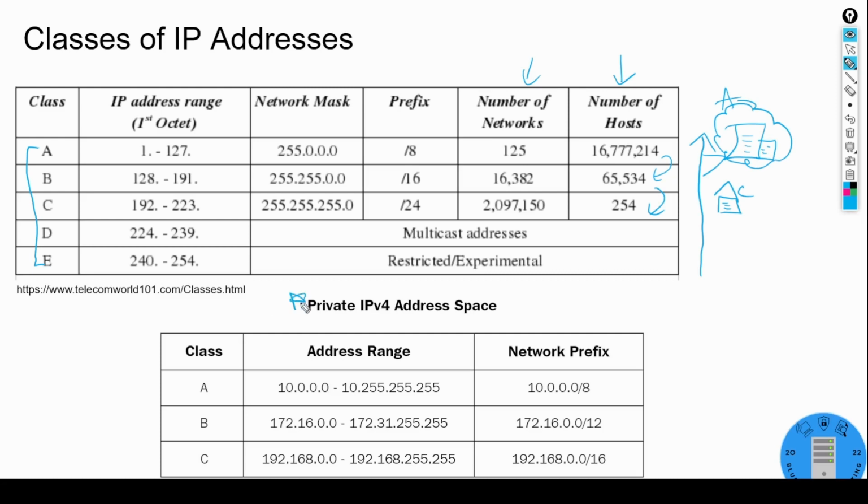But this right here, this entire chart, you will need to memorize. You need to know what IP addresses are public and which ones are not public and are private. Knowing your private IP address ranges will help you tremendously because you will know that this is a non-routable packet.